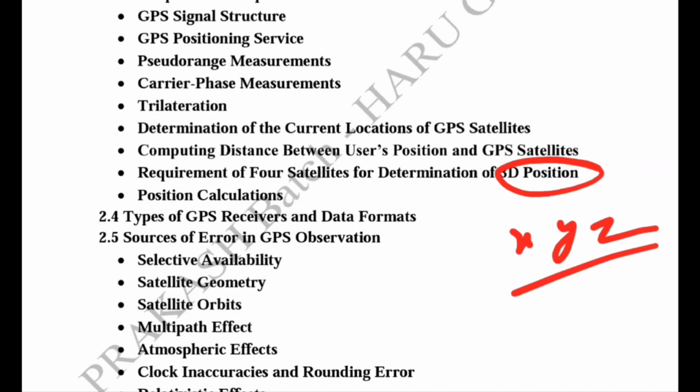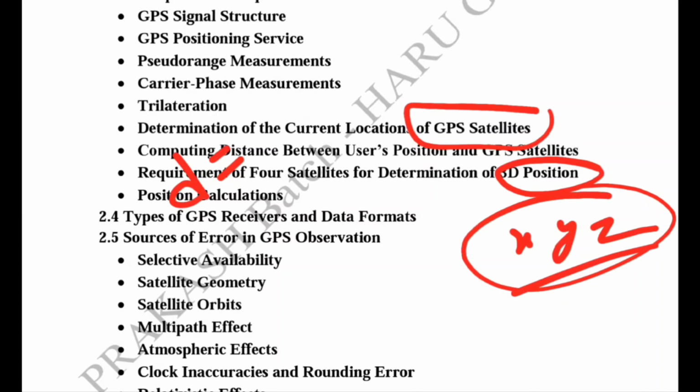We will use the concept in which the GPS receiver calculates the distance between the receiver and satellite, and that distance is used for calculating the unknown position, which is x, y, z. In the beginning we know the current position, meaning the location of the satellite in its orbit.